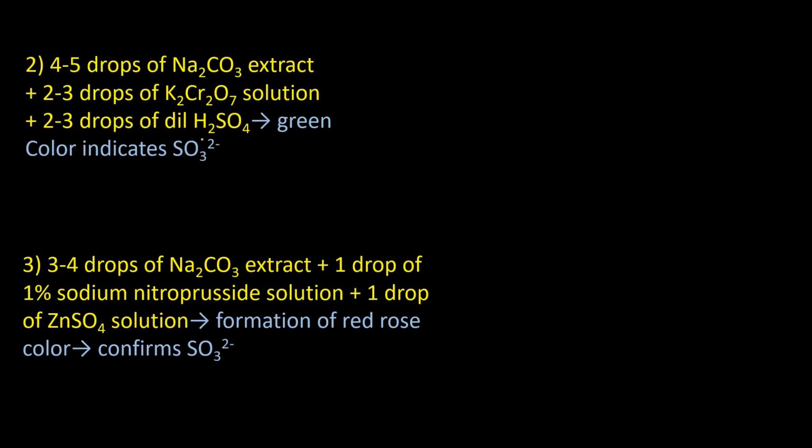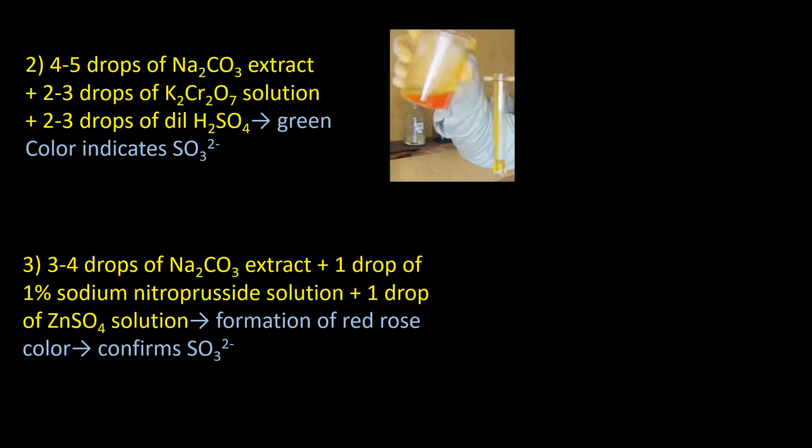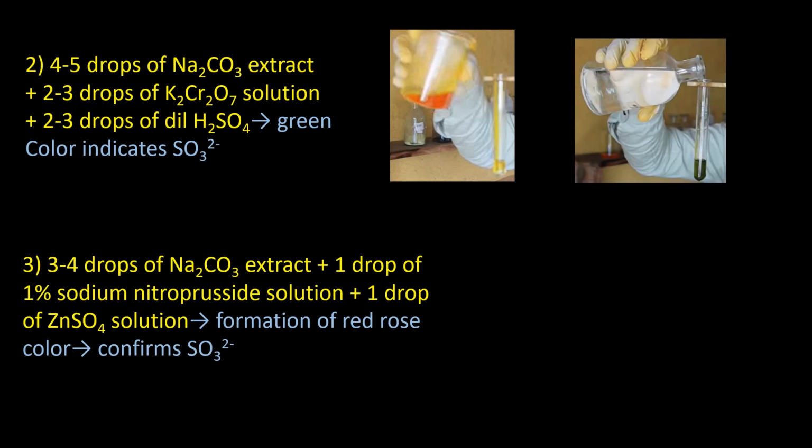Now, next one, what is that? Sodium carbonate extract. Then you add a few drops of potassium dichromate solution and then 2-3 drops of sulfuric acid. You will get a green color like this. When you are adding potassium dichromate to this sodium carbonate extract, it will become green. This is also a redox reaction, similar type.